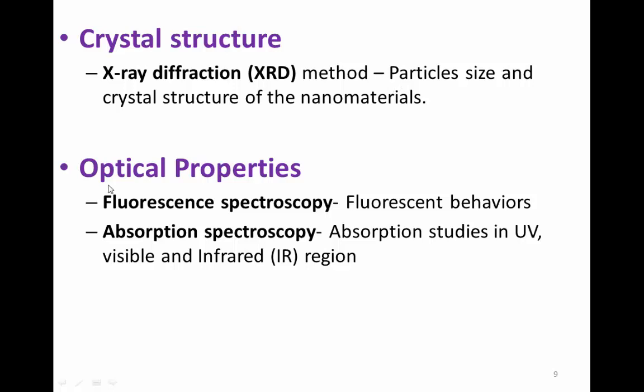The optical properties of nanomaterials are studied by fluorescence spectroscopy and absorption spectroscopy. From the fluorescence spectroscopy, we can understand the fluorescent behavior of nanomaterials, and from the absorption spectroscopy, we can understand absorption of electromagnetic radiation in the given nanomaterial of our interest.